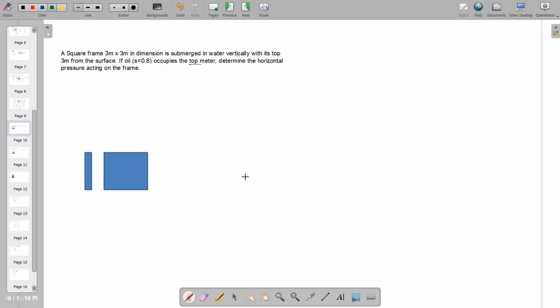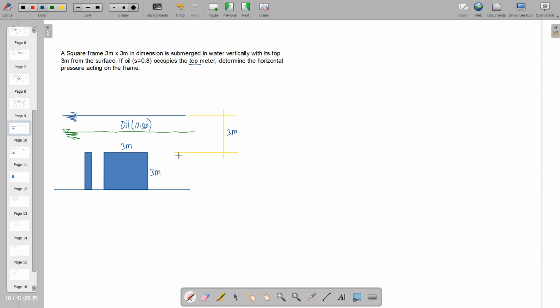A square frame 3 meters by 3 meters in dimension is submerged in water vertically with its top 3 meters from the surface. So if this is the top, that would be 3 meters. If oil occupies the top meter, say this is our water surface and the top meter is oil, because oil, remember, is lighter than water.